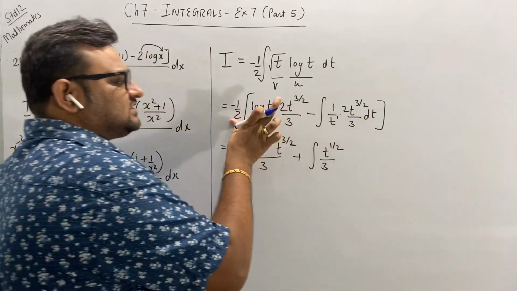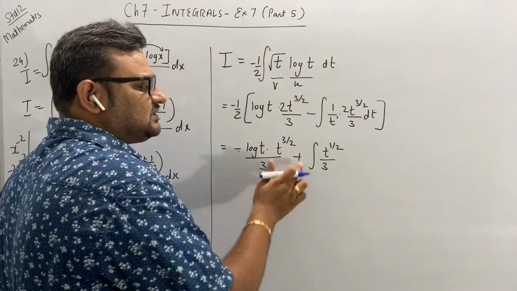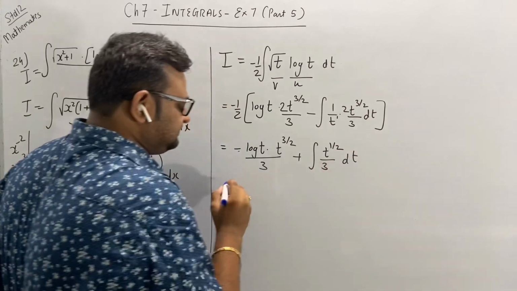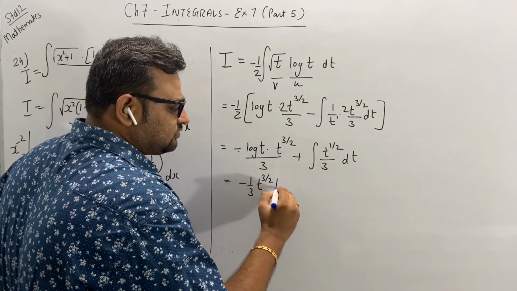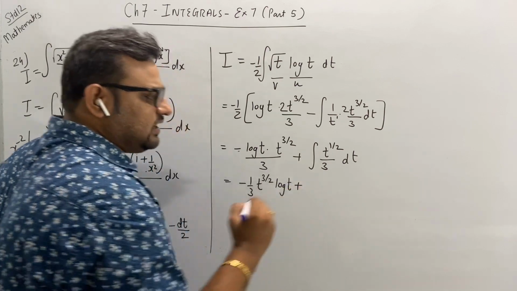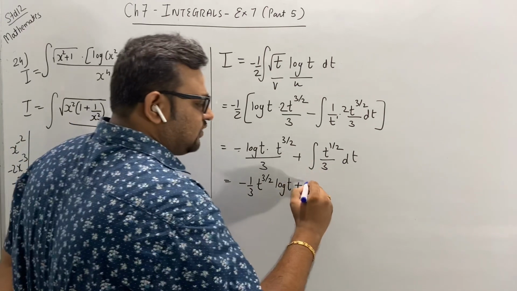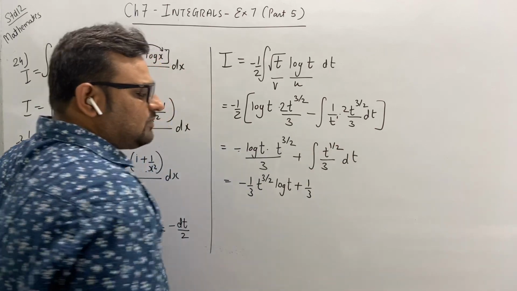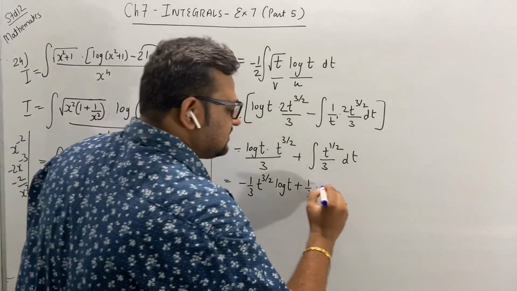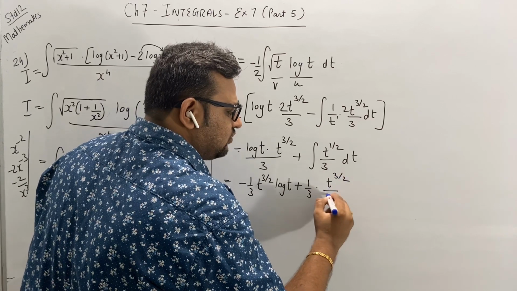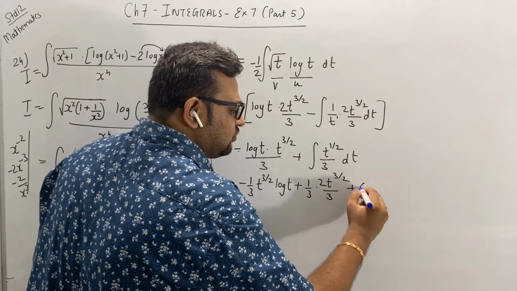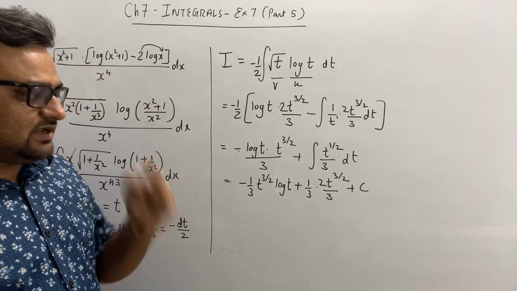This 2 is already cancelled when we are multiplying it, and minus minus plus. So minus 1 by 3 t raised to 3 by 2 log t plus 1 by 3 t raised to 1 by 2. Again its integration is t raised to 1 by 2 plus 1, 3 by 2, upon 3 by 2, plus c. Clear?